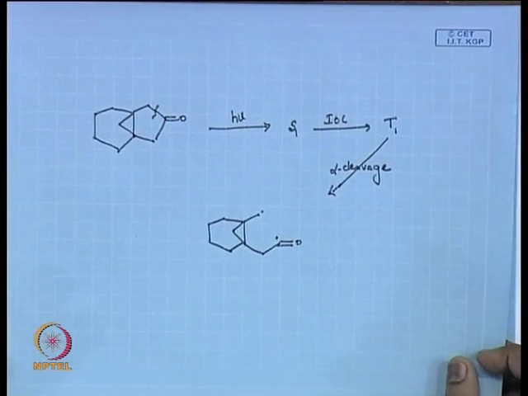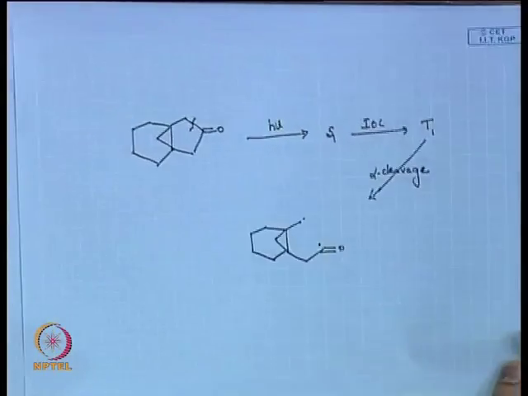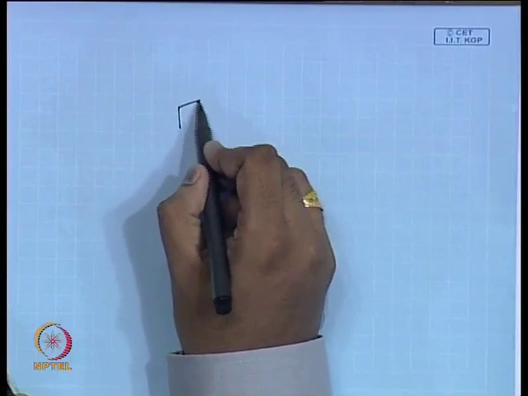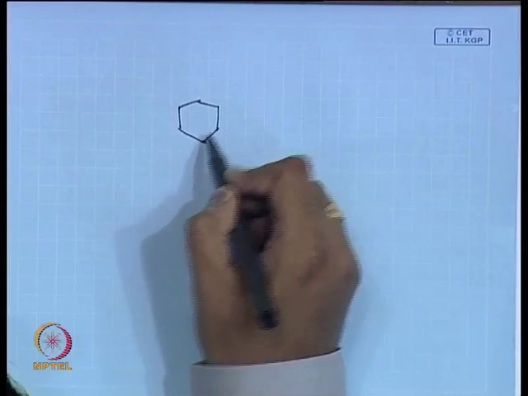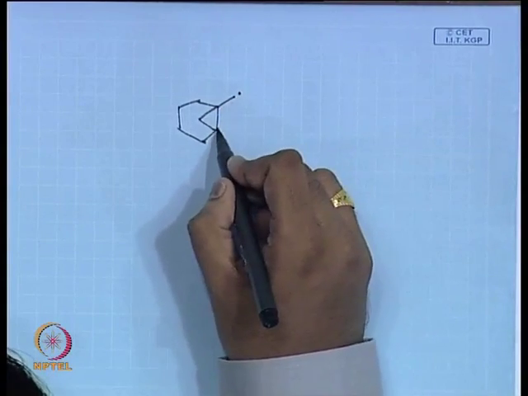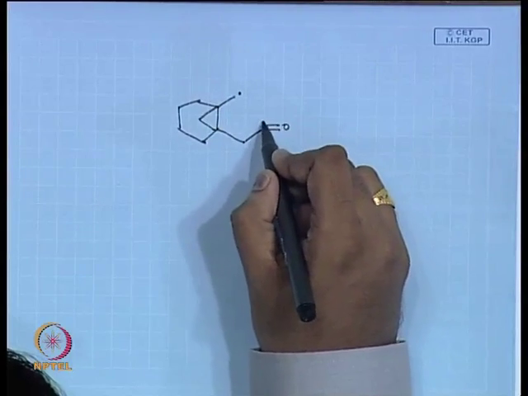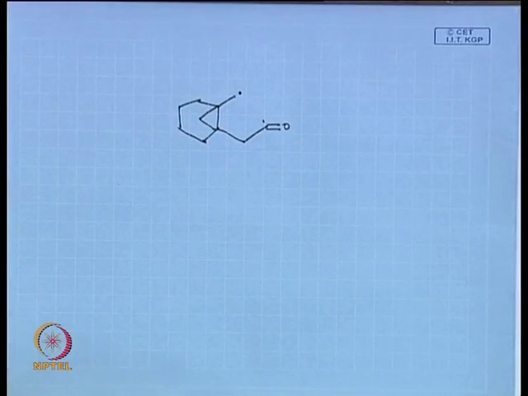Now, what happens in the second step? Up to this it is the primary process, which you know, it is good, but what happens if you go for the secondary process now? Now, what can you expect from this?